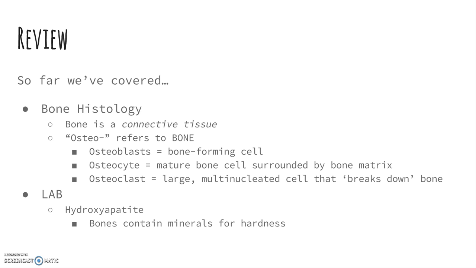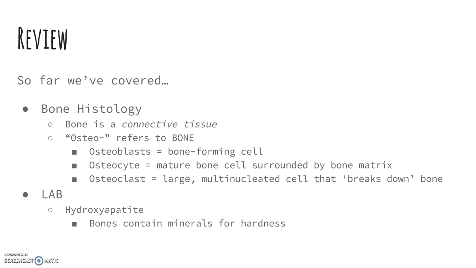There were three basic types of bone cells that you learned. The osteoblast was the bone forming cell, the osteocyte was a mature bone cell, and the osteoclast was the large bone cell that has more than one nucleus, and it's involved in breaking down bones. You did a lab that you've turned in for me, the lab that you soaked the chicken bones in vinegar.